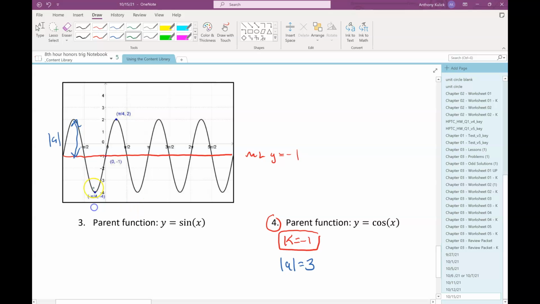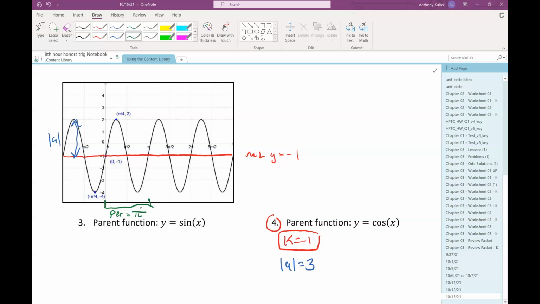So maybe instead I'm going to go from this midline point to the second midline point after. That might be easier to read because that's falling at a grid line. So that's pi units, right? We're starting at 0 and going to pi, because period is a horizontal distance, right?